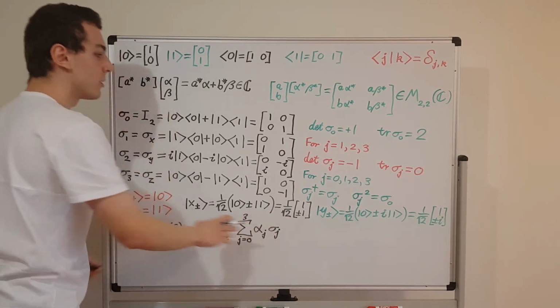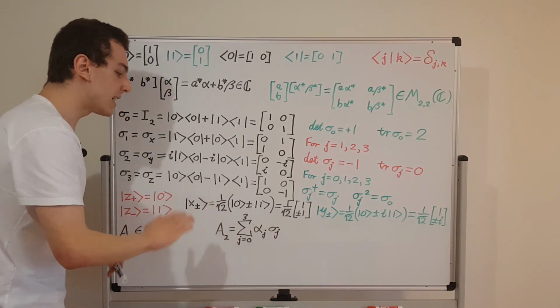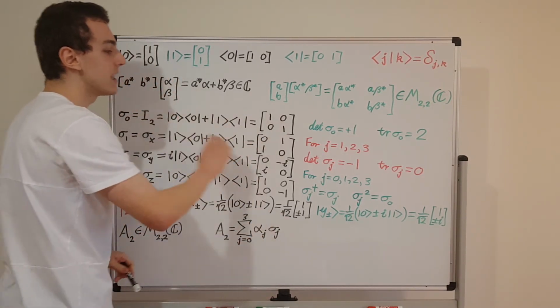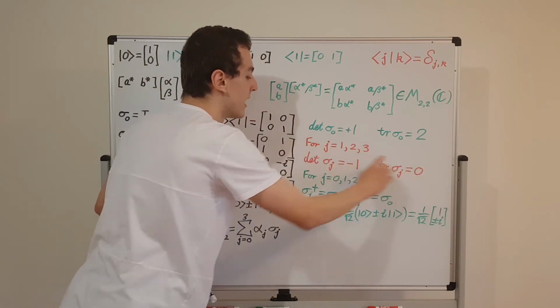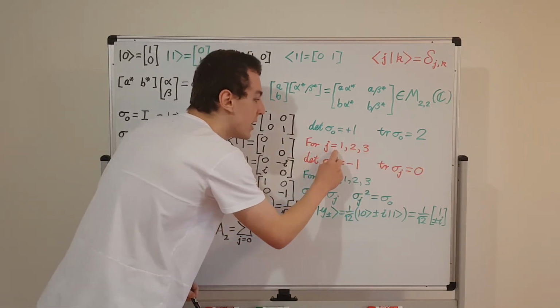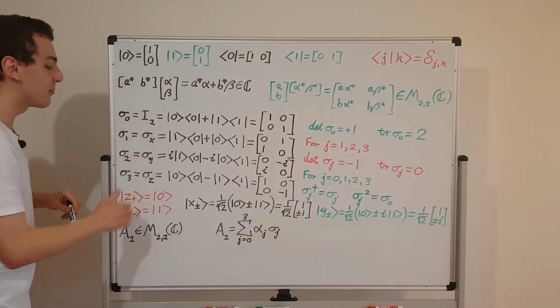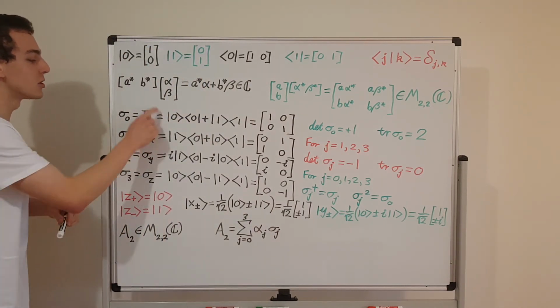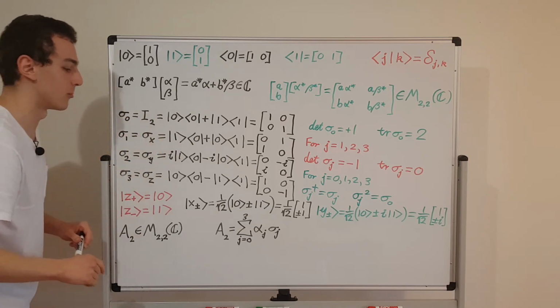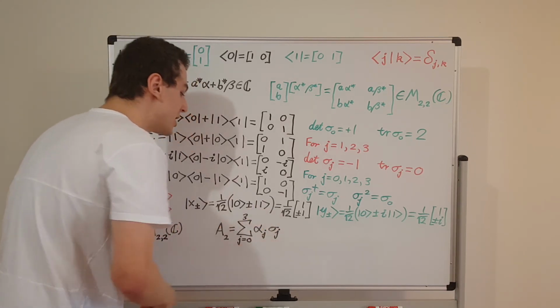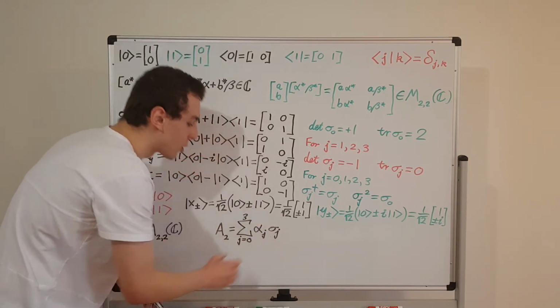So over here, we're going from 0 to 3. The only time we excluded the identity was in this red line over here, where we explicitly stated that j went from 1, 2, and 3. So we have Pauli z, Pauli y, Pauli x, and we're also including sigma 0. So this linear combination has a bunch of these complex coefficients.